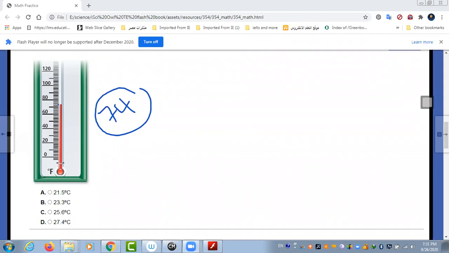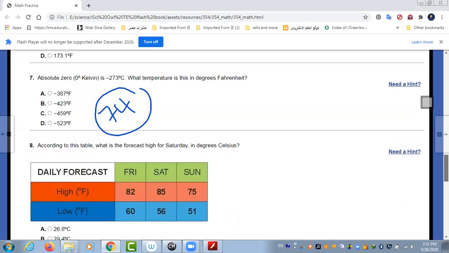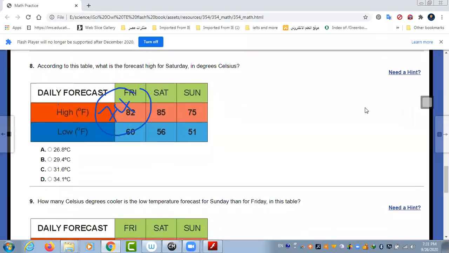Many guys asked me about this one. For this complicated problem, you have to read the question carefully. According to this table, what is the forecast high for Saturday? Look, he asked about Saturday, and he asked about the high.